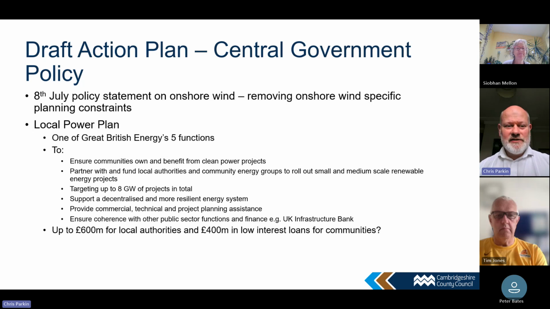In publications from the Labour Party last year, there was an indication that the local power plan might include up to £600 million of funding for local authorities and £400 million in low interest loans for communities. I haven't seen anything post-election or in the Labour manifesto on that, so whether that still stands, I'm not quite certain.